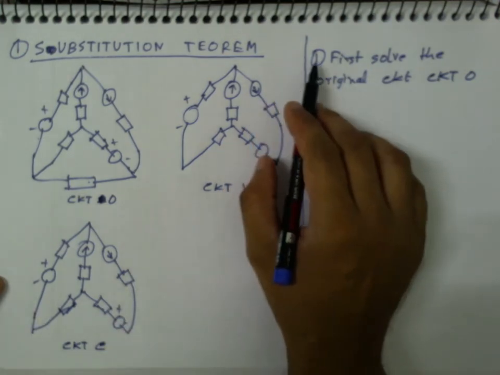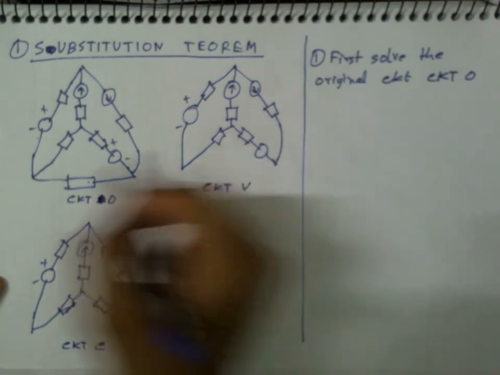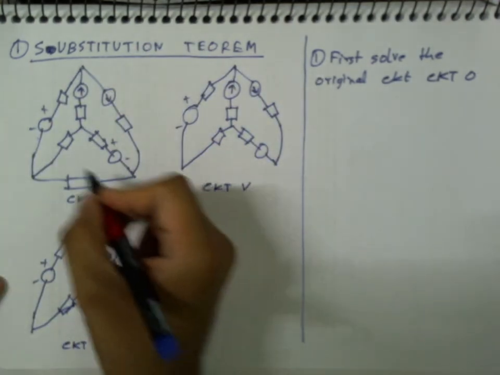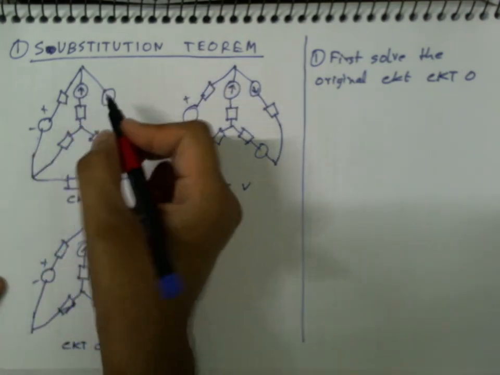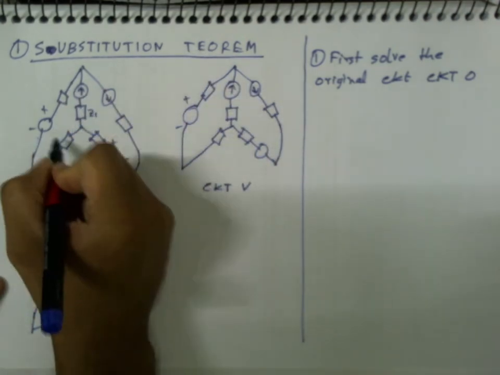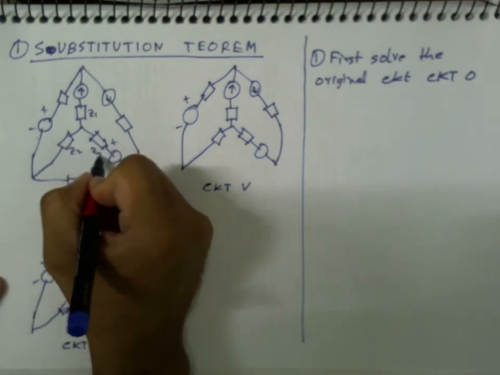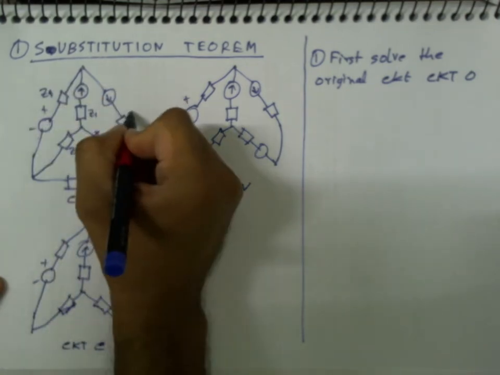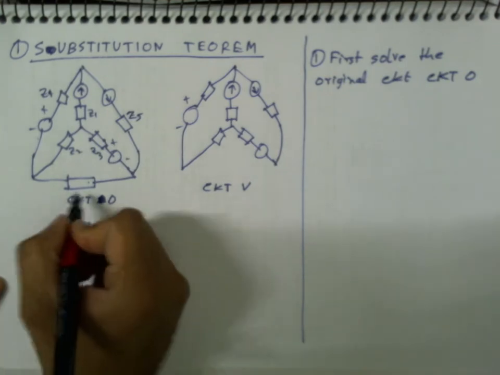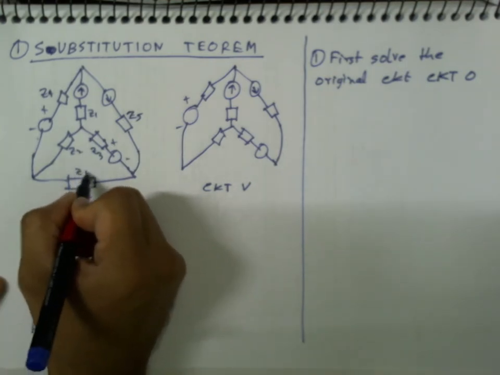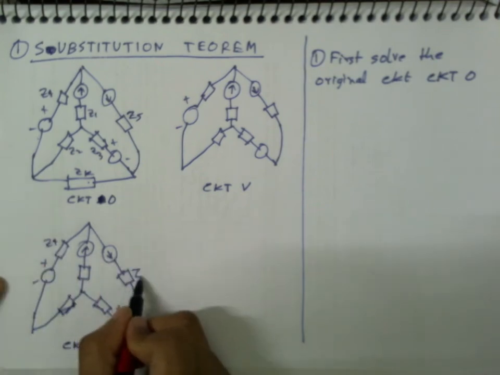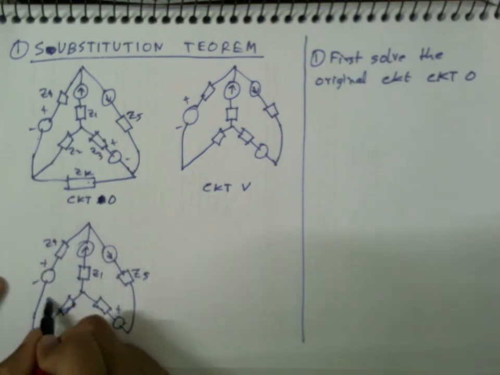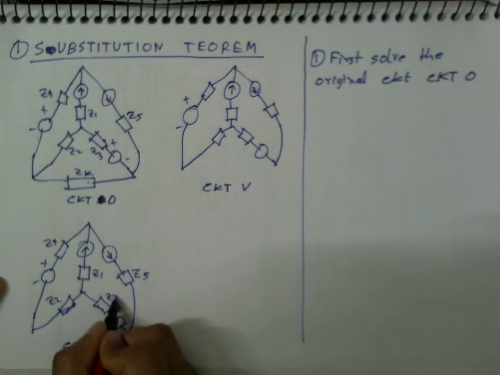So if we do so, then we will get some values of voltages and currents. Let me rename the impedances Z1, Z2, Z3, Z4, Z5, and this is ZK. So this is Z4, Z5, Z1, Z2. This is Z3.